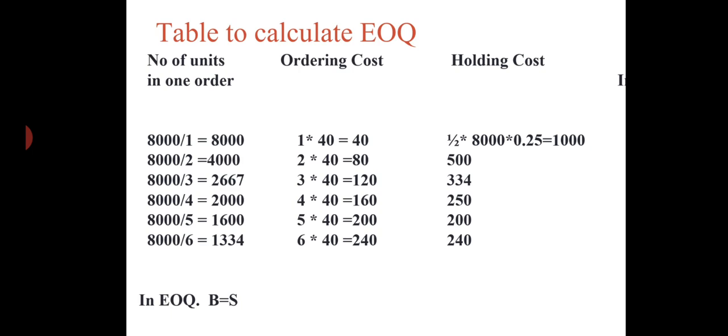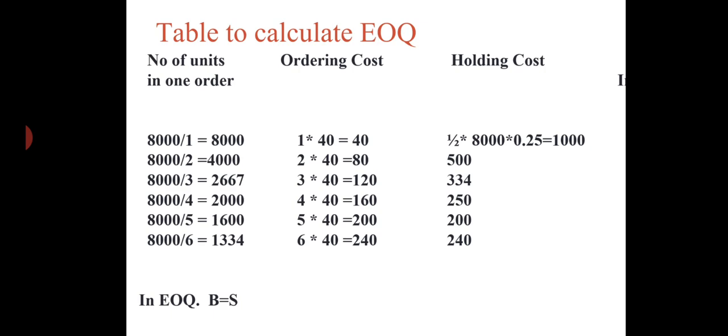And if the total 8,000 units are bought thrice in a year, thrice per annum, the cost is 120 plus 334, so totally it is 454.